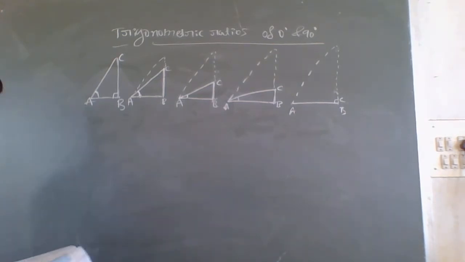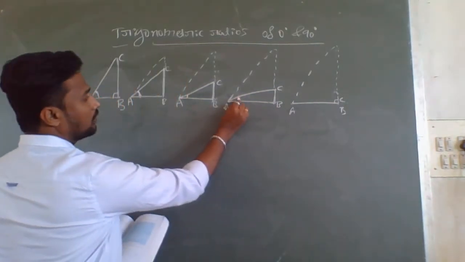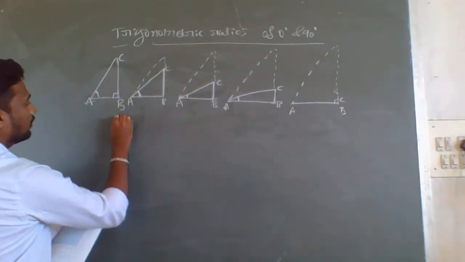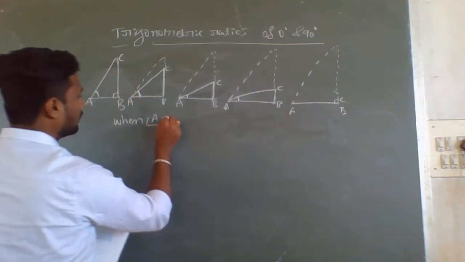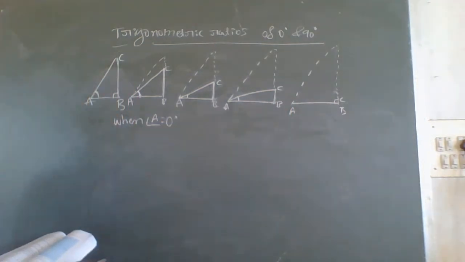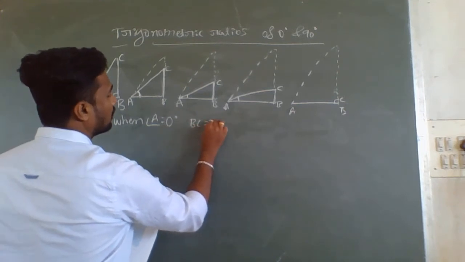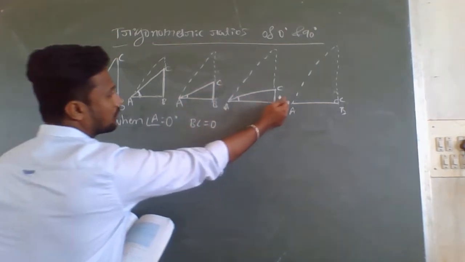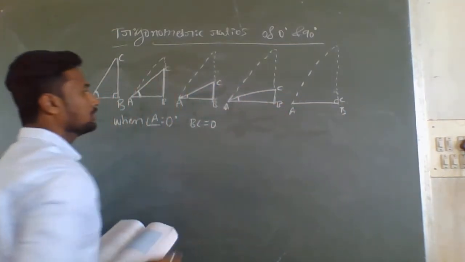So now here you can write, when angle A is 0 degree, almost this length of BC equals 0 only. Length of the BC also reduced with angle A, so that when angle A becomes 0, BC also becomes 0 only.